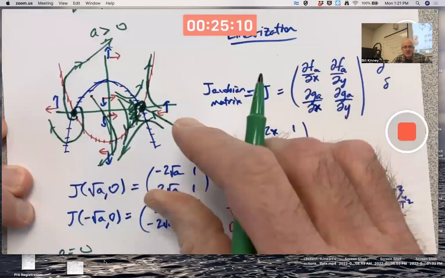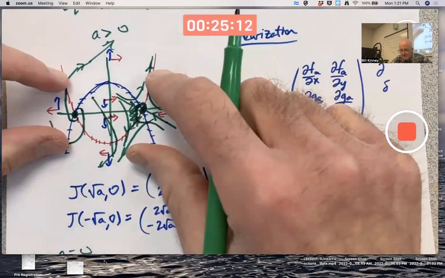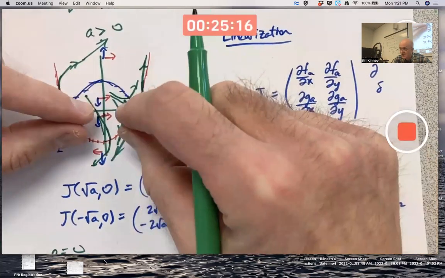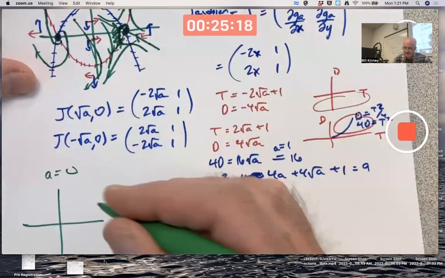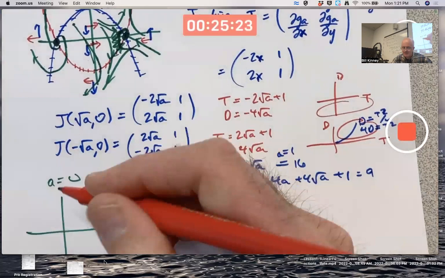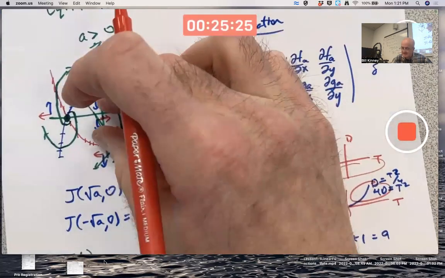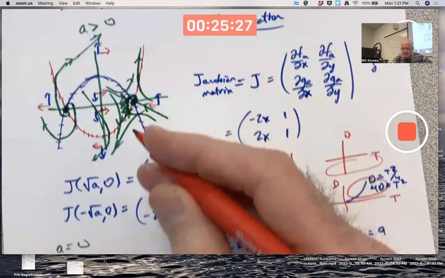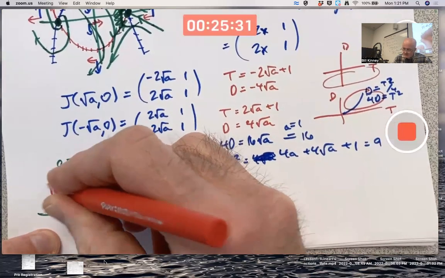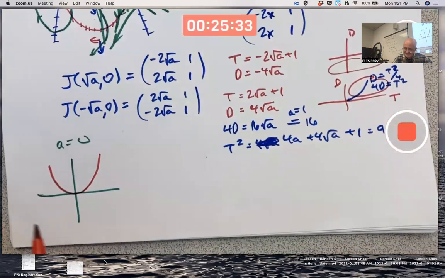As a decreases towards 0, these parabolas are going to merge. Well, they don't literally merge. They move together, so to speak, so that these points move toward the origin. The red one becomes this one when a is 0, and the blue one becomes this one.